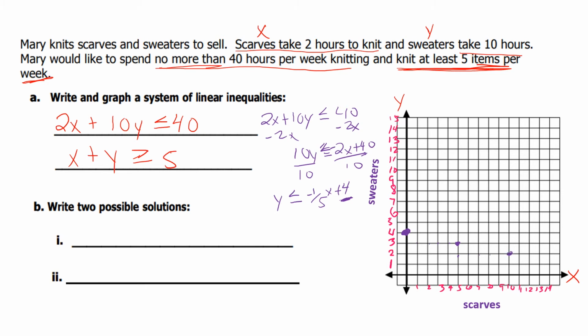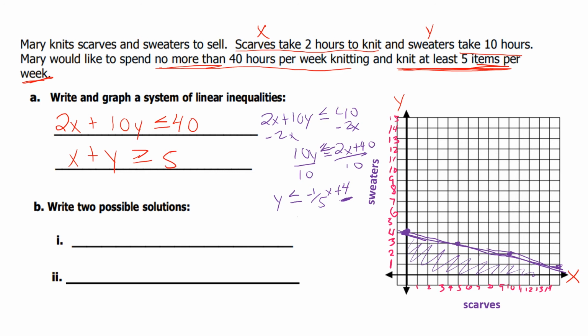All right, and let's try it one more time. Down 1 to the right 5, and that is going to be a solid line because I have less than or equal to. I'm going to try to draw it as straight as possible. All right, and so since this is less than, I'm shading below my line here.